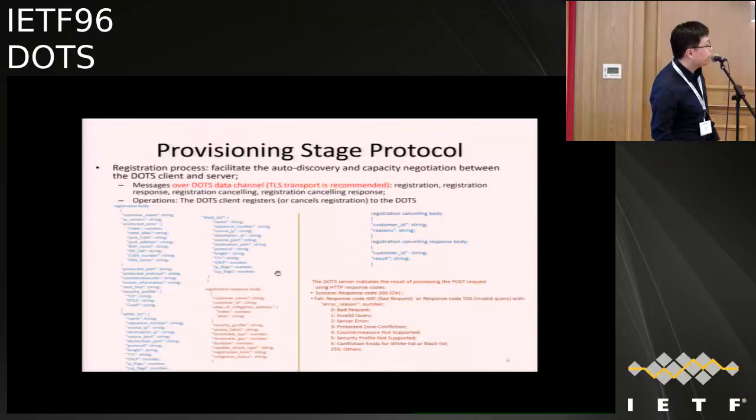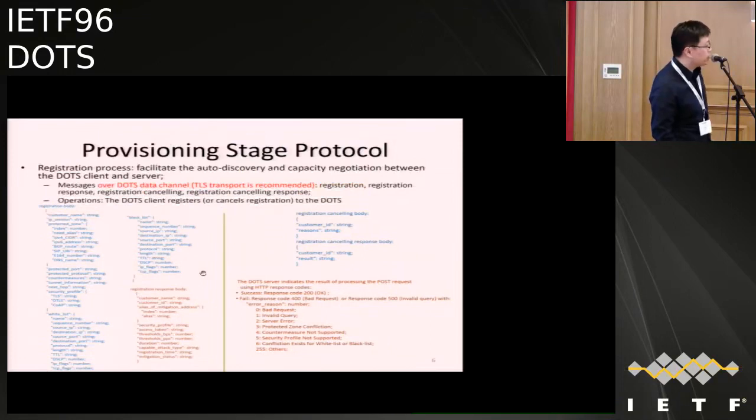And also, the DOTS client can send its allow list and the block list requirement to the DOTS server, and it can negotiate the transport profile, which is TCP or UDP or CoAP, with the DOTS server to achieve some agreement.